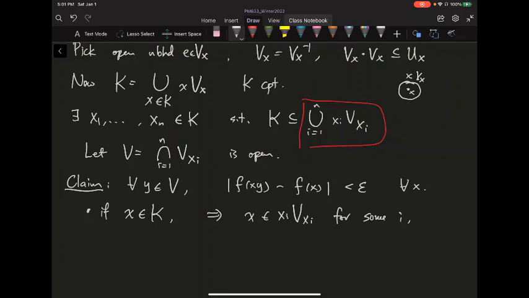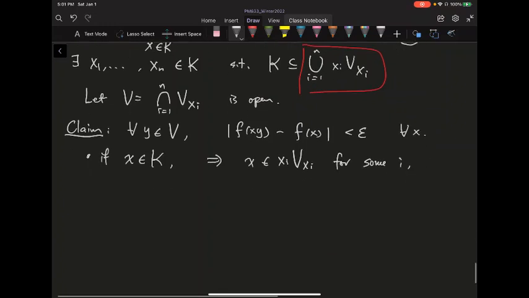Recall, everything near this xi v of xi has function value within epsilon over 2 of f of xi. So automatically what I have is that |f(x) minus f(xi)| is less than epsilon over 2, okay? That's just because they're close.